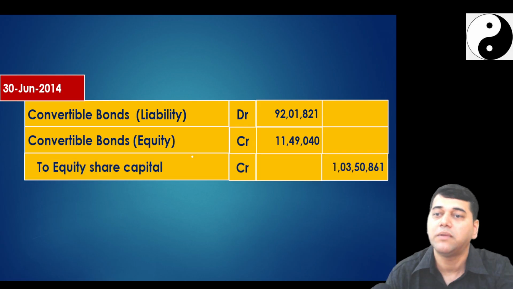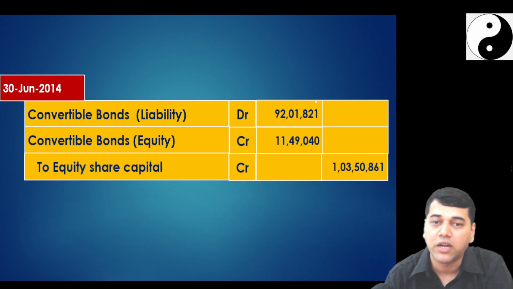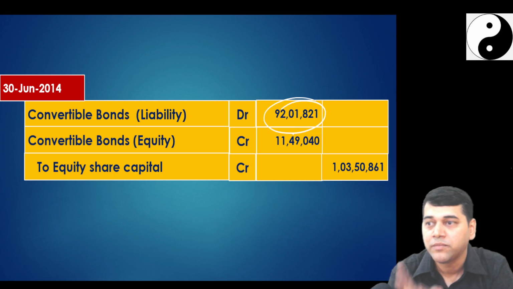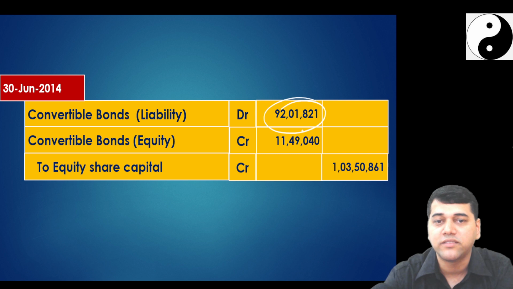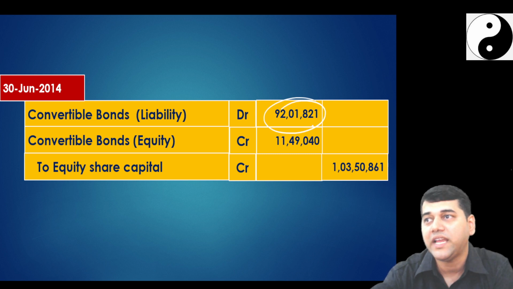So the last entry will be convertible bond liability. How did you get this 92 lakhs? Go back to the amortization schedule. You see that the third year balance is 92 lakhs. Did you see that number? The third year closing balance is 92 lakh 1,821. That you transfer to the equity.